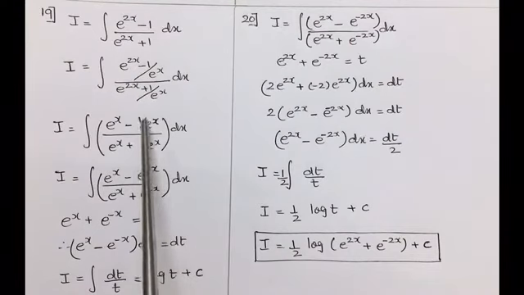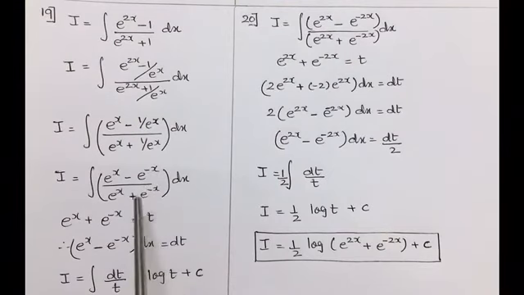Now expressing 1 upon e raised to x as e raised to minus x, both in the numerator as well as in the denominator. Most of the time, you will find that in integration, the denominator is assumed as t, and its derivative will always be there in the numerator.